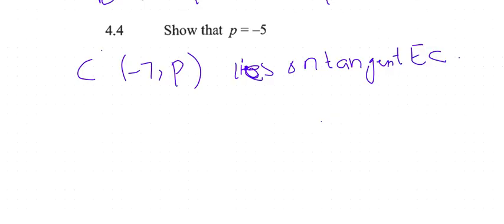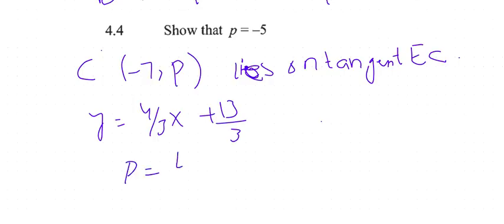Whose equation we have is 4 by 3 x plus 13 by 3. So we can substitute x equals minus 7 and y equals p. So p equals 4 by 3 into minus 7 plus 13 by 3, okay?